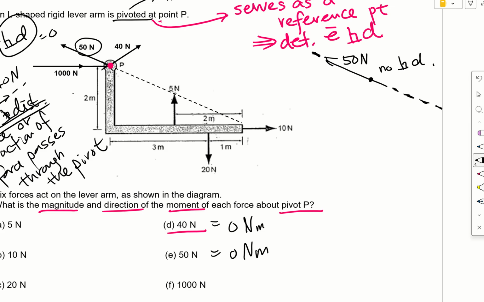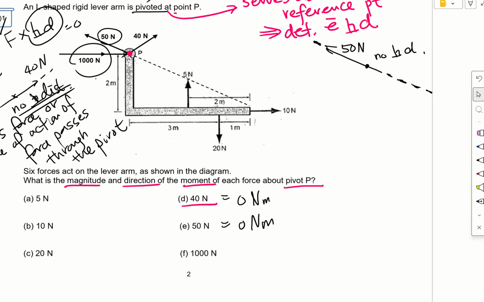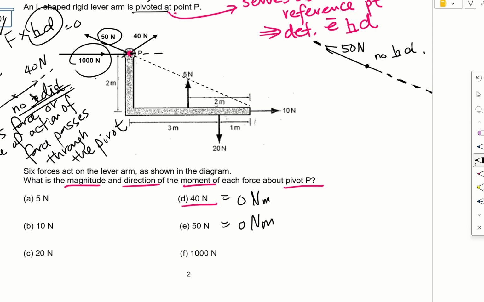Then we look at this 1000 Newton. I purposely increase the force to 1000, but it still passes through the pivot, right? You draw the line of action of the force. It still passes through the pivot. So again, there is no perpendicular distance.